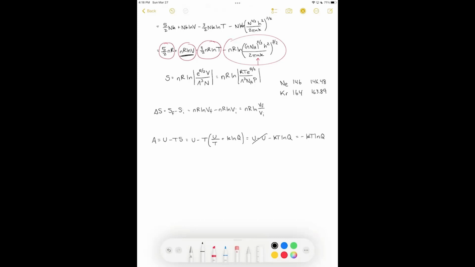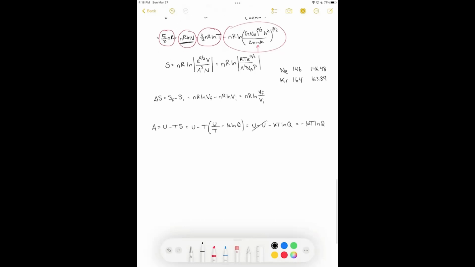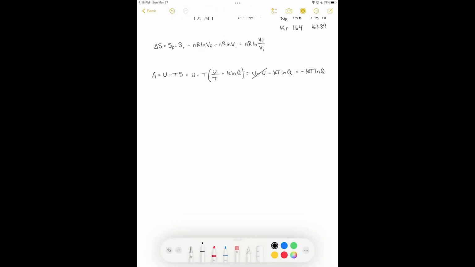With this, we can actually do a pretty interesting thing. Going back to our Maxwell relations, we had the following result: the pressure was equal to the negative partial derivative of the Helmholtz free energy with respect to volume at constant temperature. Why is this interesting? Well, let's do something here for a monatomic gas.